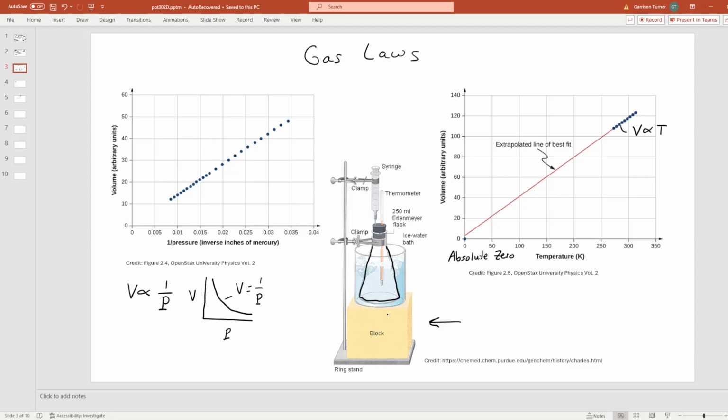And then replace the block. So now your flask is immersed in boiling water where it had been freezing water before. And you can actually watch the plunger on the syringe lift up. This is what's known as Charles' Law.